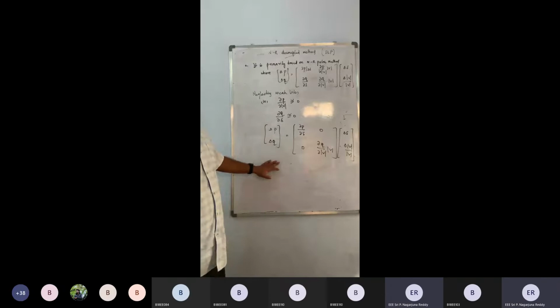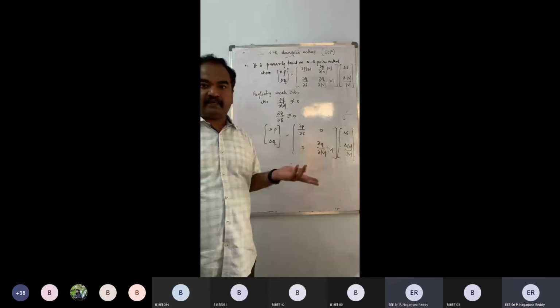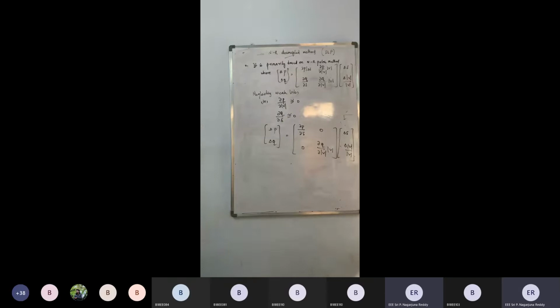You see this half of the elements, the matrices J2 and J3, they vanish. So just by considering one simple approximation, my computations have reduced to half.